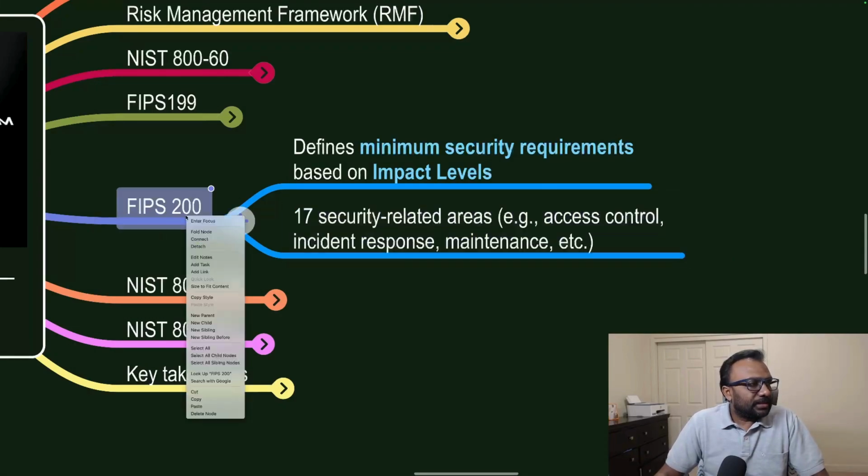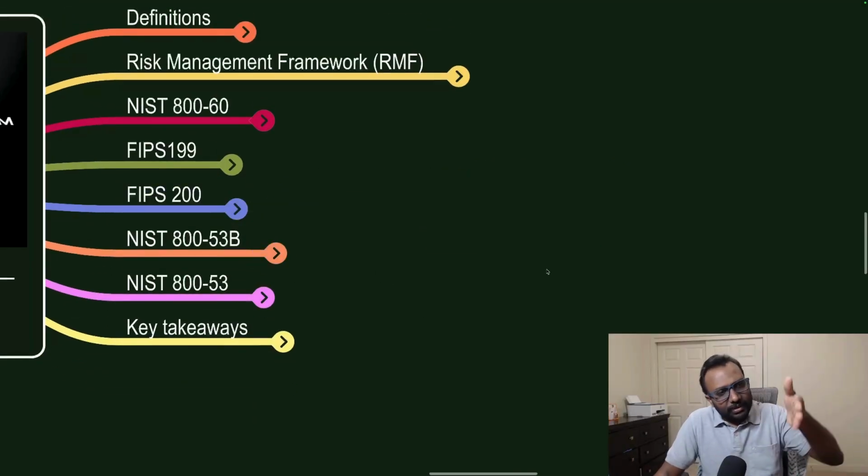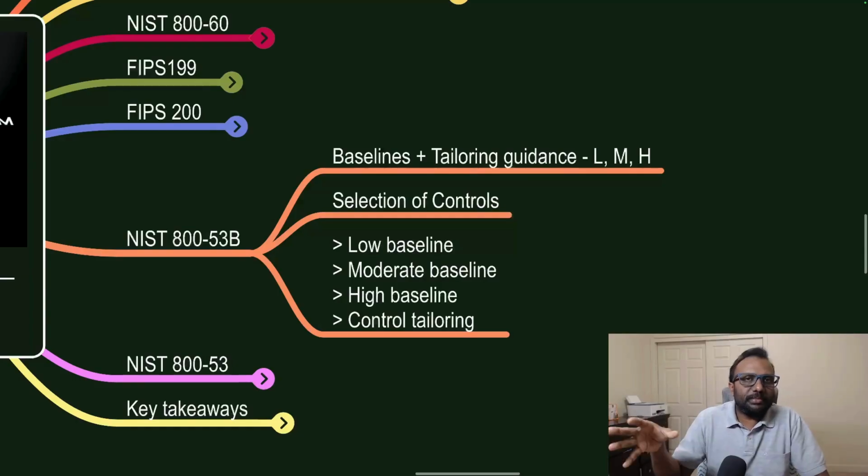The security-related areas are implemented in 200. We have seen the flow: 860, FIPS 199, FIPS 200, 853B, then 853. 853 provides the baseline security controls. What do we need to implement for a low-level system, a moderate system and a high-impact system?